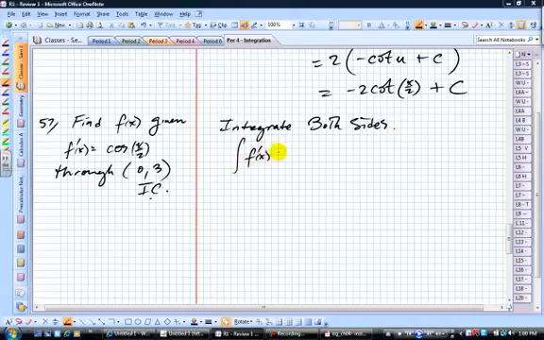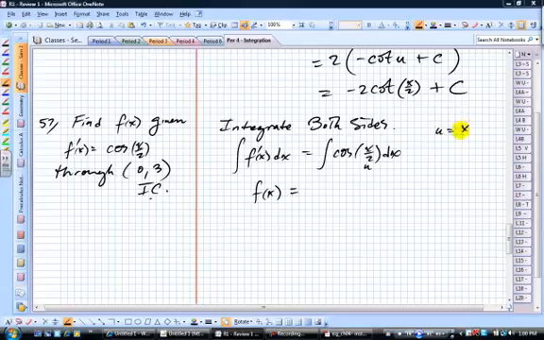Let's take the integral of f prime with respect to x, and let's integrate cosine of x divided by 2 dx. The integral of f prime would be f, and here, again, this involves a u substitution. Anytime you integrate a function that does not involve just x, you basically have to do a u substitution.